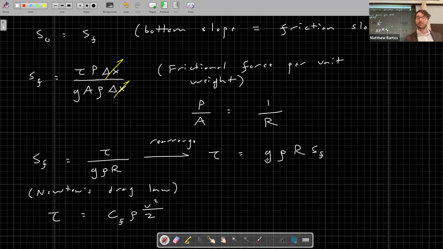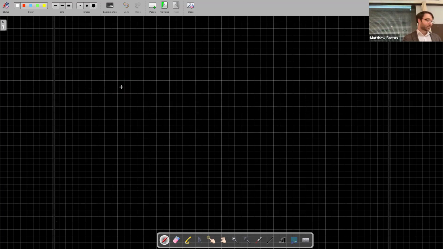If we take these two equations for tau and equate them, we end up with the following. We have that the acceleration due to gravity times the density of the fluid times the hydraulic radius times the friction slope is equal to Newton's drag coefficient times the density times U squared over 2.